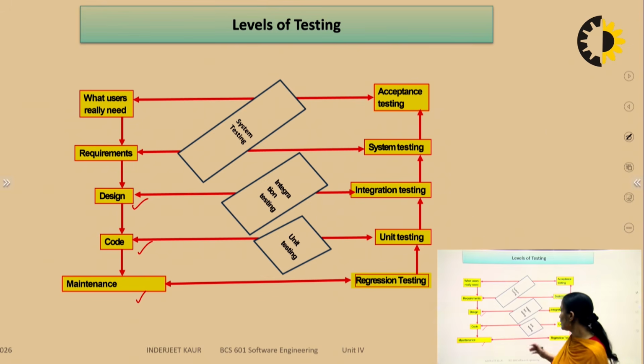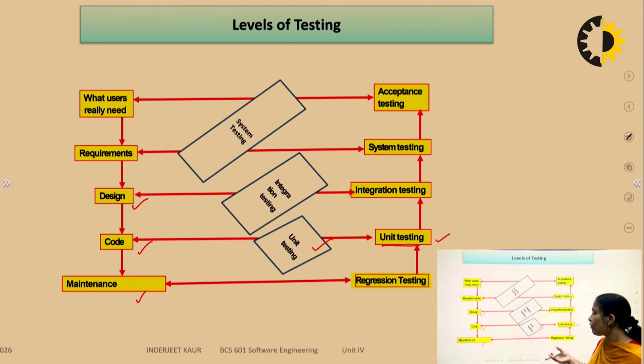Here comes how we perform the testing. We start with unit testing: whatever we code, we test that code by performing unit testing. Then integration of all those unit-tested codes leads to integration testing.